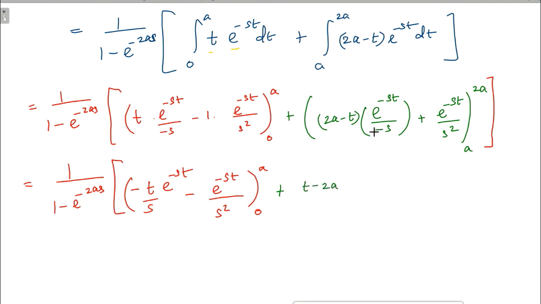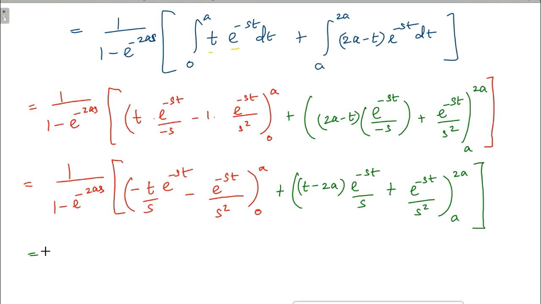So I have multiplied this minus in the close bracket. So (t minus 2a) e power minus st divided by s plus e power minus st divided by s square, and the corresponding limits I have written.